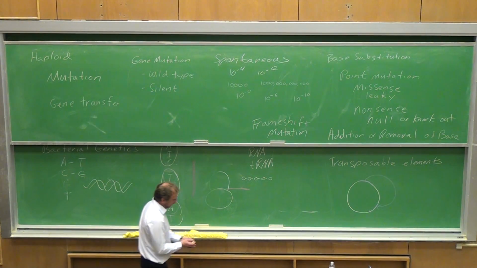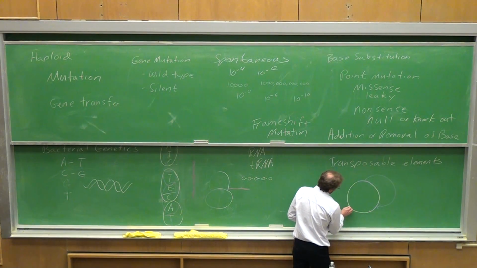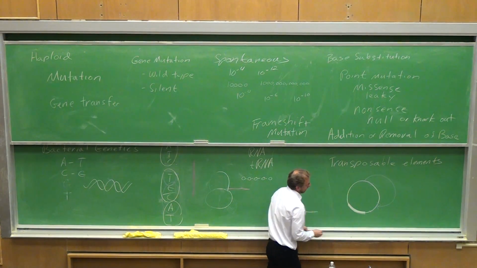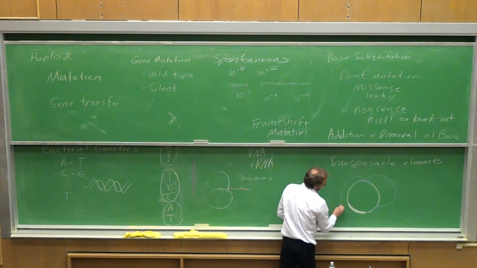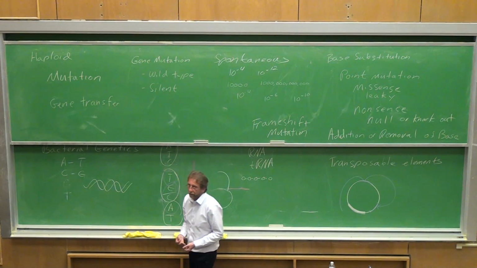What this can do then, if you had a gene that was running, say you have a gene that runs from here to here, and this transposable element jumps and inserts itself right here, you can disrupt that gene.